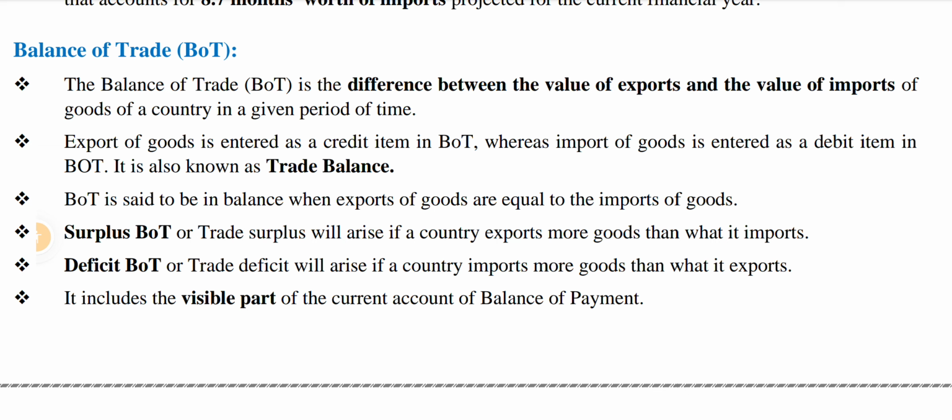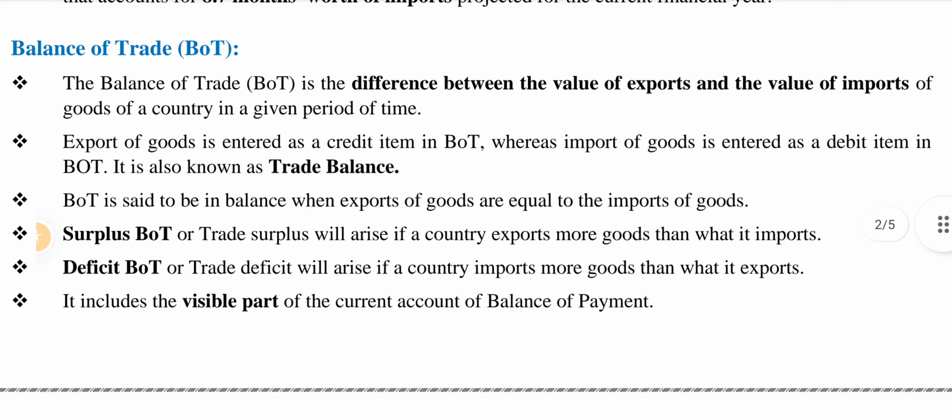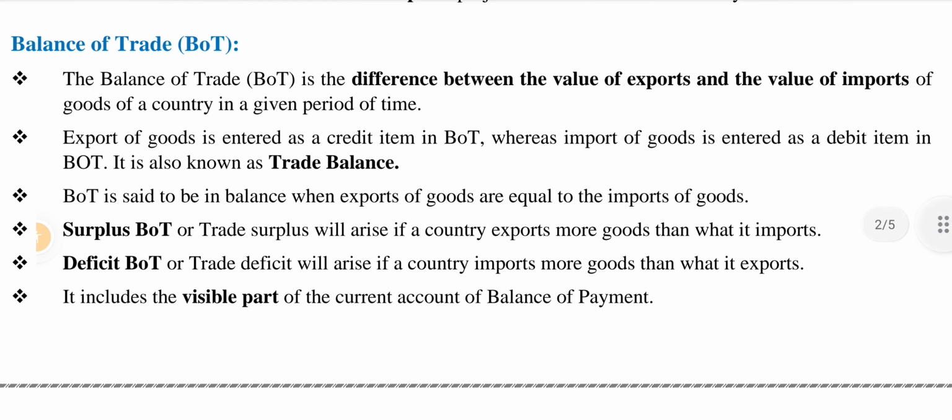Export of goods is entered as a credit item in the balance of trade, whereas import of goods is entered as a debit item. It is also known as trade balance. Balance of trade is said to be in balance when exports of goods are equal to imports of goods.